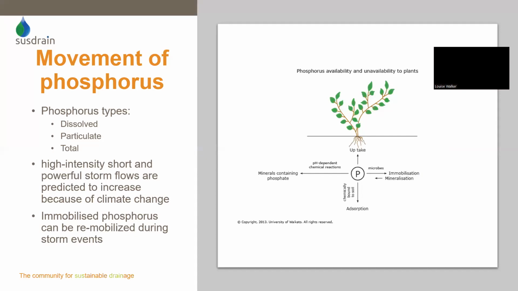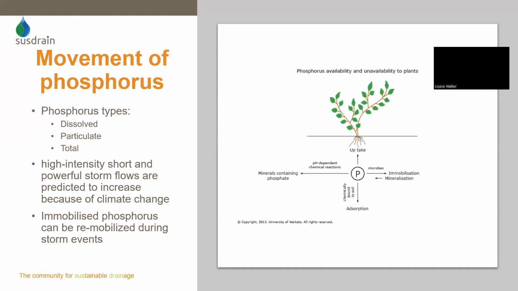And the difficulty in managing it is that it exists in different forms: dissolved, particulate, and total phosphorus. It can bind to soil particles, so it can be immobilized. But the problem is, if the phosphorus is immobilized through sedimentation, high intensity storm events can remobilize the phosphorus.